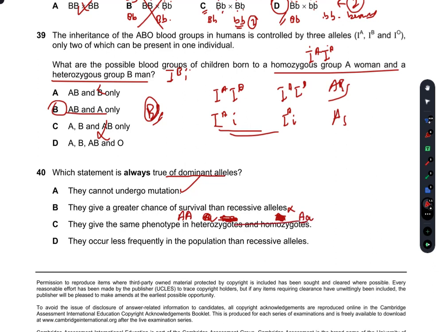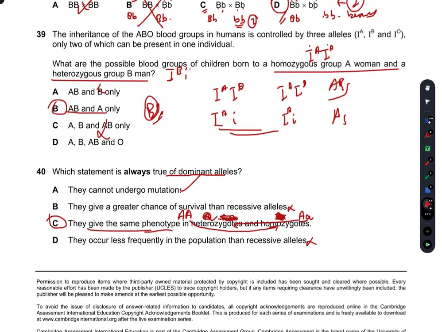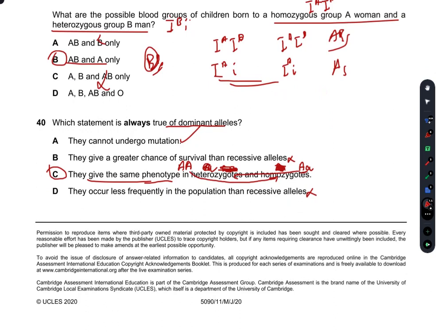This is for the heterozygote, and this is for the homozygote. They do give the same phenotype, meaning the organism has normal body pigmentation. So C is true. They occur less frequently in the population than recessive alleles. No, this is again a statement which is not supported by enough evidence. So C is the right answer.